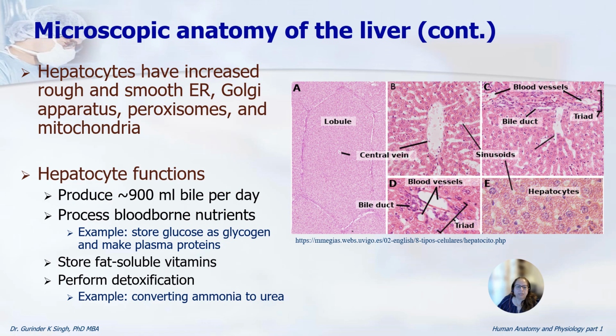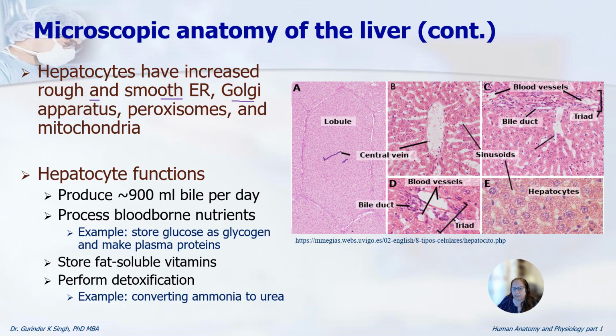Looking at the hepatocytes, hepatocytes are actually modified cells, kind of epithelium looking cells, but they have a large amount of rough as well as smooth endoplasmic reticulum, plus lots of Golgi apparatus, peroxisomes and mitochondria, etc. If you look at this, this is one lobule.